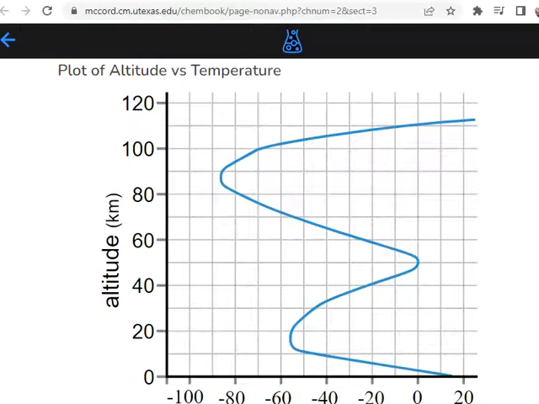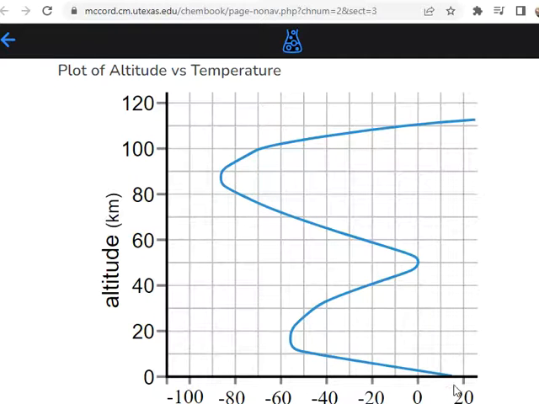Now, by the way, we haven't done a terribly good job of actually predicting the temperature versus altitude curve here, but it's in the right order of magnitude.